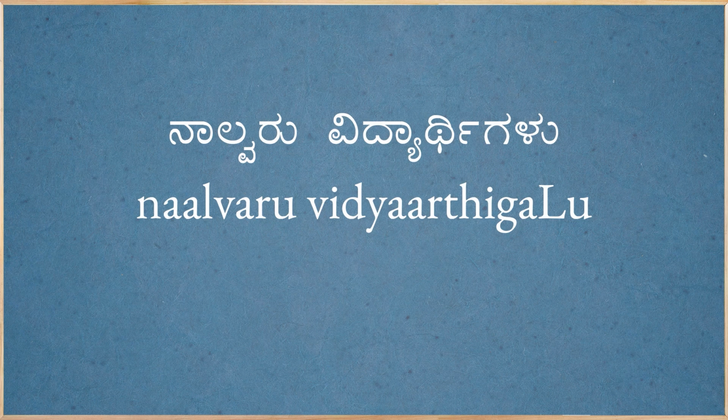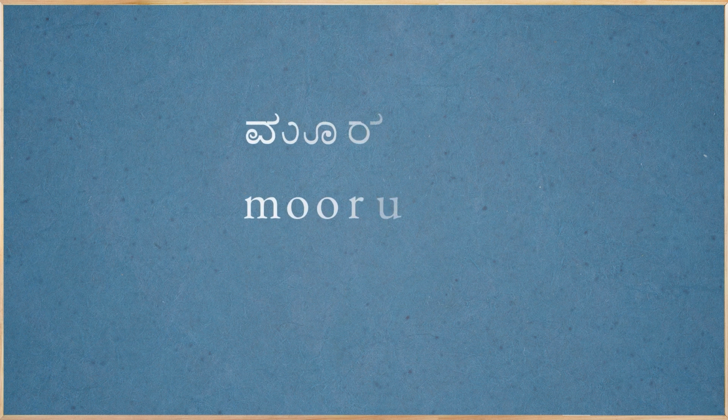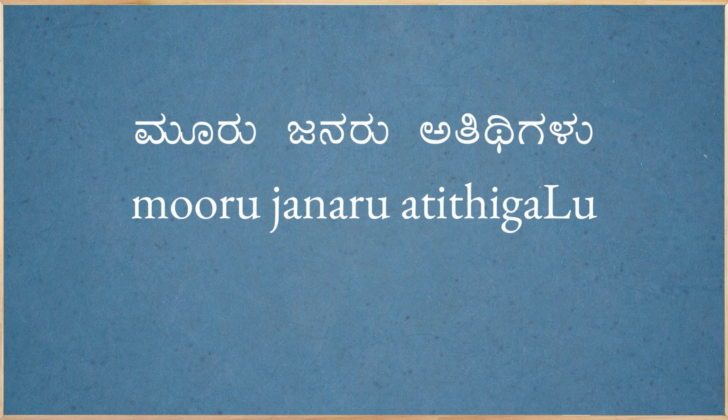For example, ನಾಲ್ವರು ವಿದ್ಯಾರ್ಥಿಗಳು, four students. ಮೂರು ಜನರು refers to three persons. Example, ಮೂರು ಜನರು ಅತಿಥಿಗಳು.